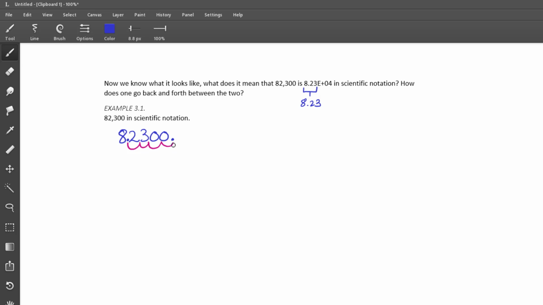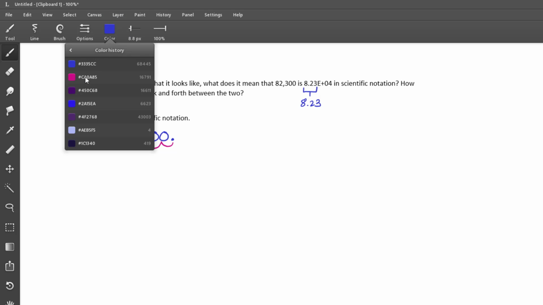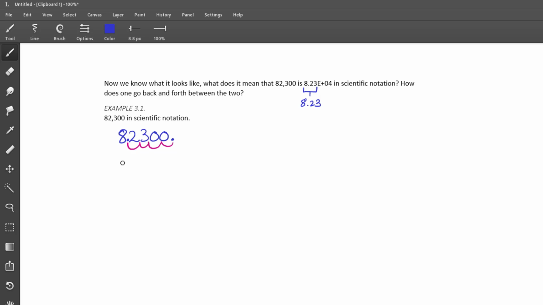What I just did was I transformed this number, 82,300, into a number that is between 1 and 10, 8.23. So you hop your decimal as many places to the left as you need to get it so there is only one digit to the left of the decimal. That's going to put you between 1 and 10. Now notice I was counting those hops, and that was on purpose.